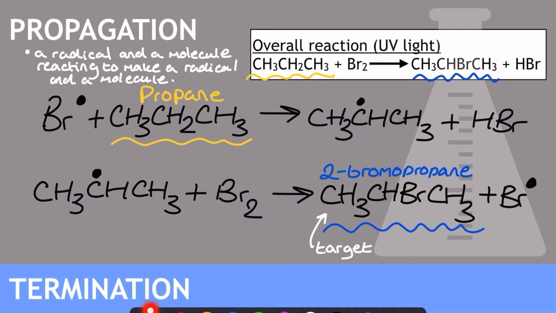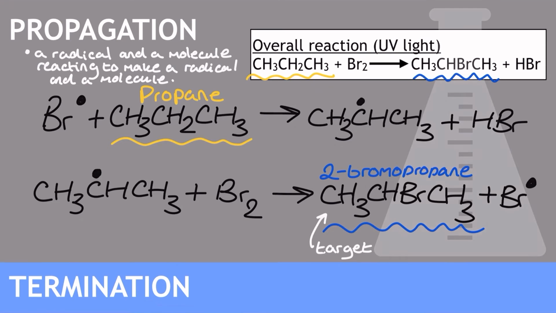In the products of this reaction, we can see that we have the target organic molecule, the 2-bromopropane, and we also have a halogen radical. Can you see how this halogen radical matches the one that was first used in propagation? This means the halogen radical is regenerated by the whole process, and that makes it a catalyst in propagation.